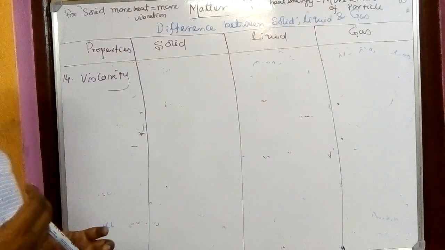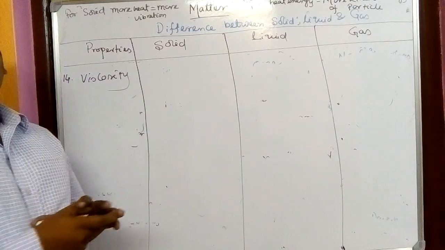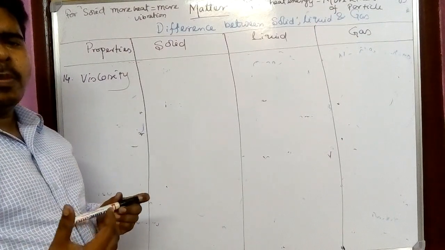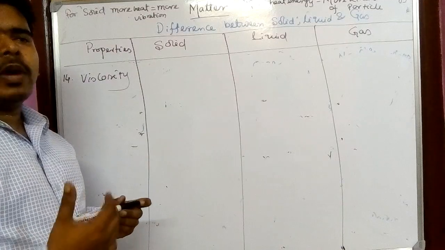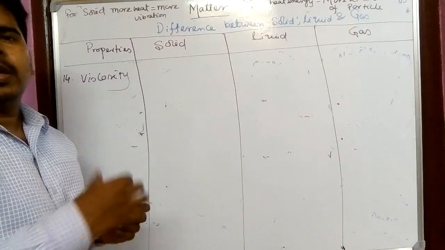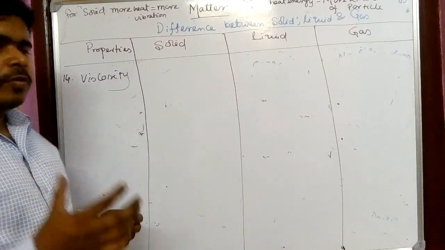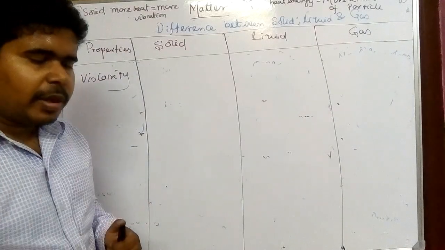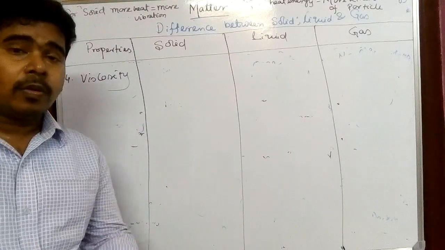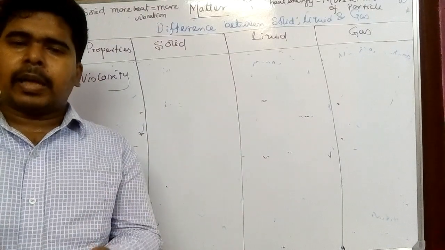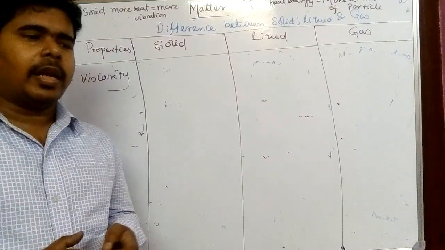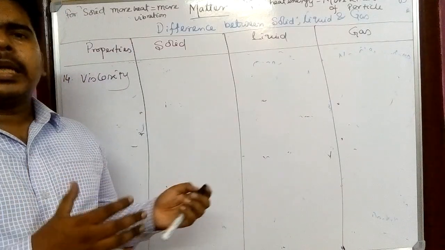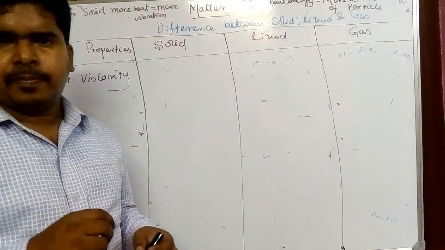No need to learn much about that, but viscosity means the fluidity of a liquid, how fast it is able to flow. Assume you have one mug of water, you pour it on the floor, it will flow. Assume in that mug you have taken another substance, like mobile oil.